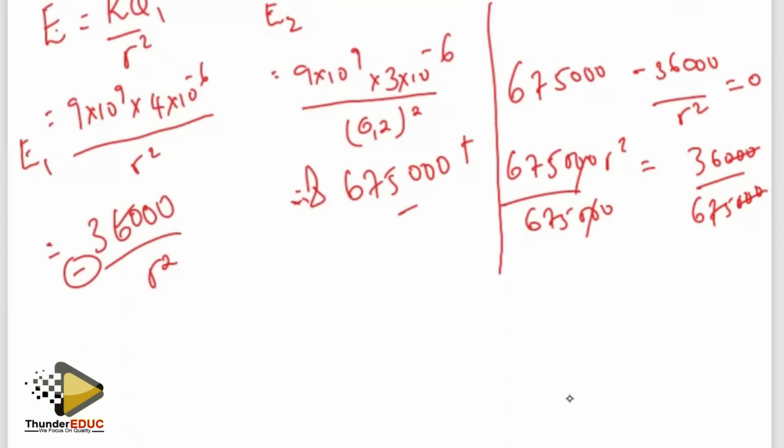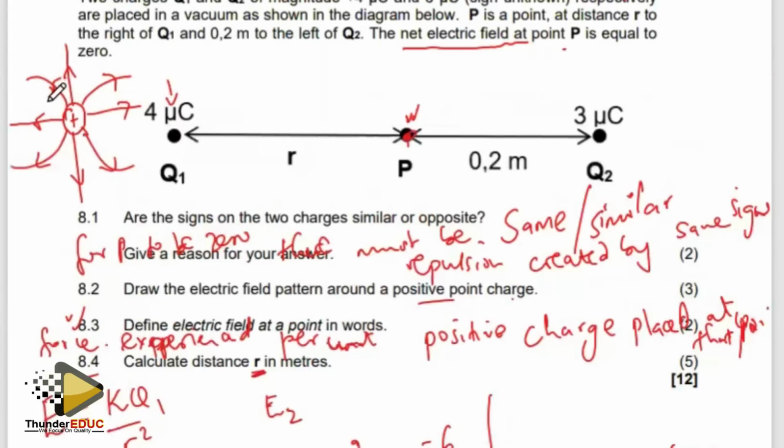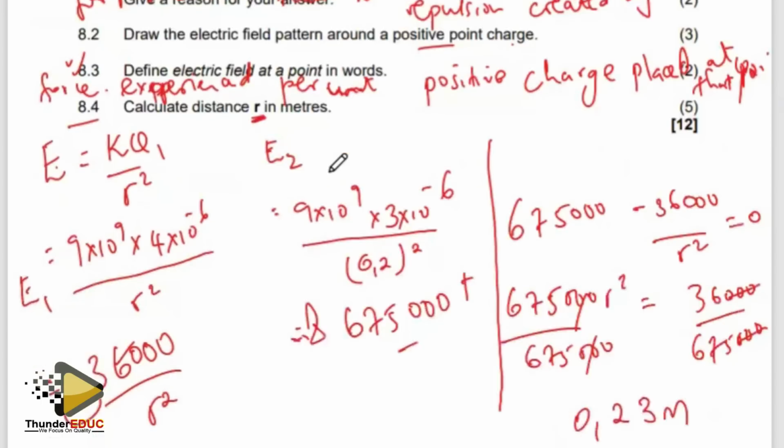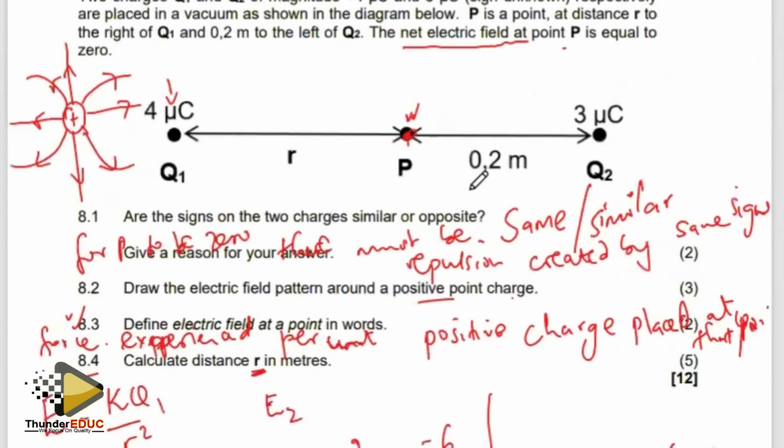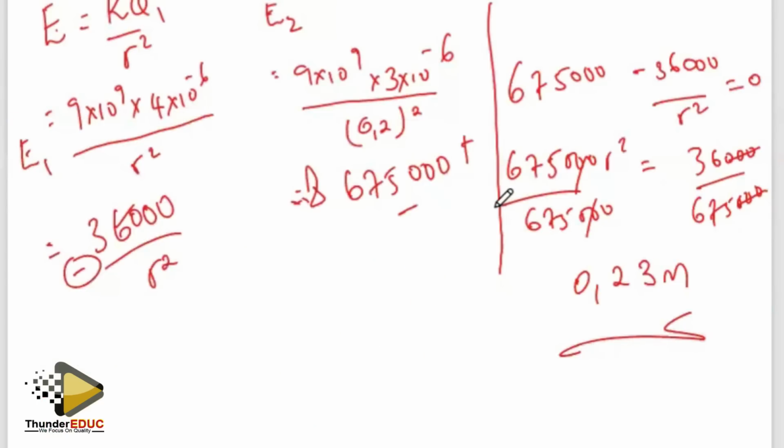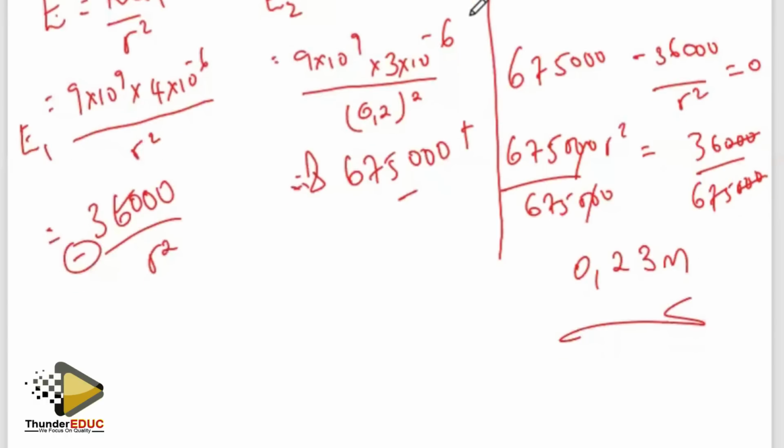So square root of 36 over 675. That gives us 0.23 meters. Remember, the charges are slightly different, which means even the distance must be slightly different. This was a 0.2, this is a 0.23. So that is how we would have obtained that distance of interest.